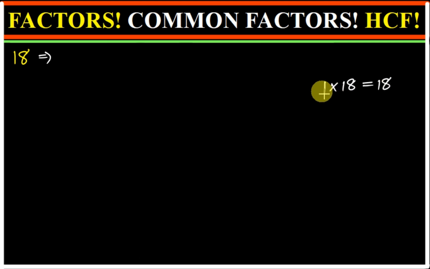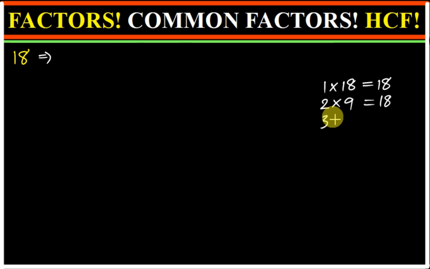So 1 can divide 18 and 18 itself can divide 18. Next, it comes in the 2 table also: 9 times 2 is 18. So 2 can divide 18 and 9 can also divide 18. So 2 and 9 are also factors of 18.